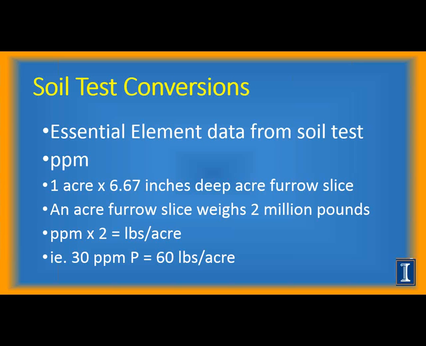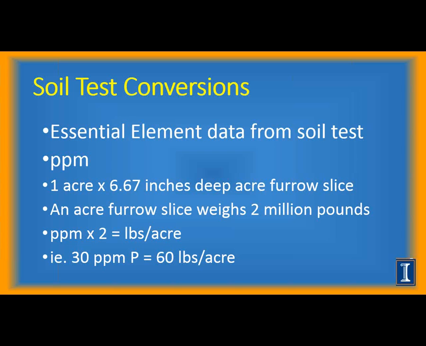And this is something that I would say has a high likelihood of popping up. And that is the conversion of essential element data from a soil test that are given in parts per million in some cases, and converting that into pounds per acre. And there's a neat little trick, or a reality I should say, that allows us to do this quite easily.